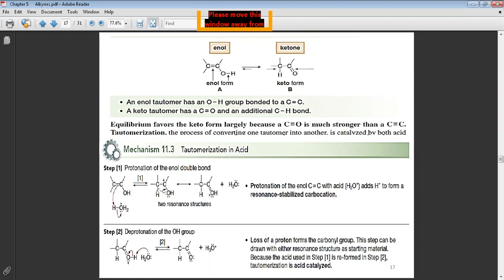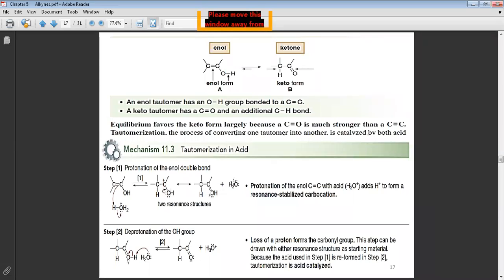Now, the second one: this lone pair of electrons will make the double bond for you. This is the alkene. Okay, this is the enol-ketone tautomerism. Double bond, and the positive charge will go to the oxygen.